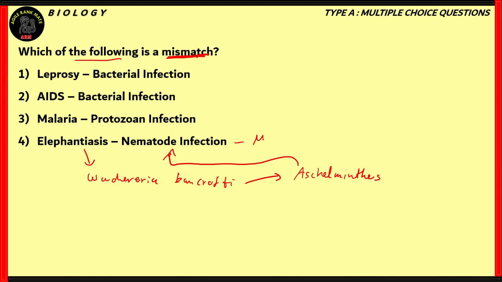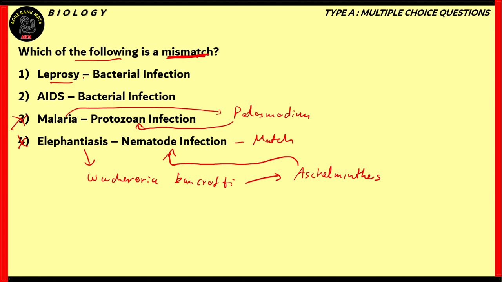Now, since this matches, then the option is incorrect. Option 3, malaria, protozoan infection. Malaria is caused by Plasmodium, which of course is a protozoa. So option 3 matches, which makes the option incorrect.